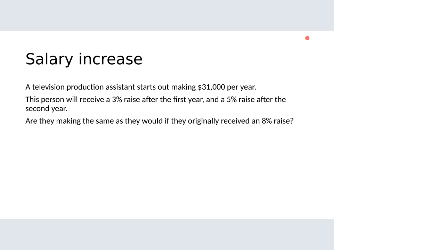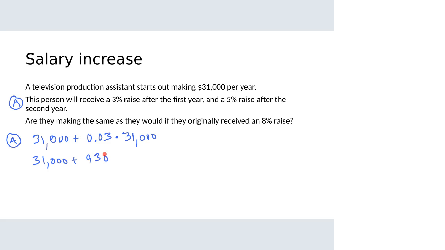So, let's call it method A, the 3% and then the 5%. If we do method A down here, they get a 3% raise. That means their new salary is going to be 31,000 plus 3% of 31,000. That 3% raise is $930.